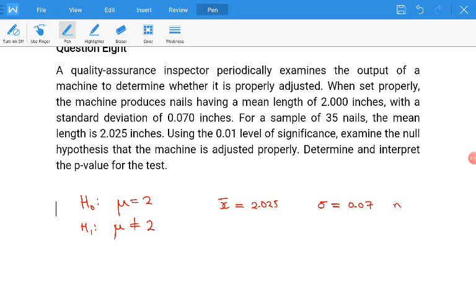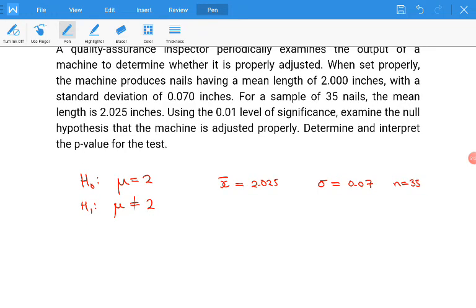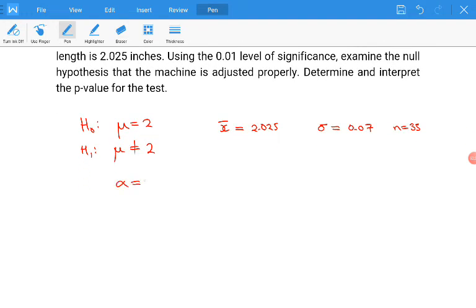N is equal to 35. Right. So our level of significance alpha is equal to 0.01.